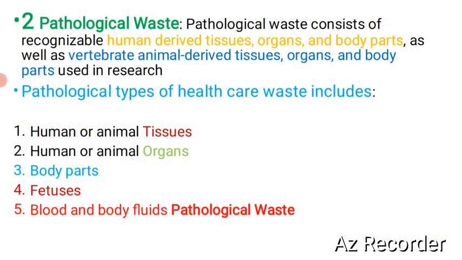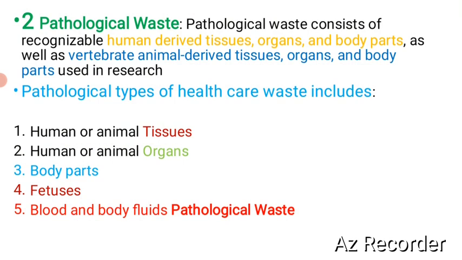Next, pathological waste. Pathological waste consists of recognizable human-derived tissue, organs, and body parts, as well as vertebrate animal-derived tissue, organs, and body parts used in research. This type of healthcare waste includes human or animal tissue, human or animal organs, body parts, feces, blood, and body fluids.